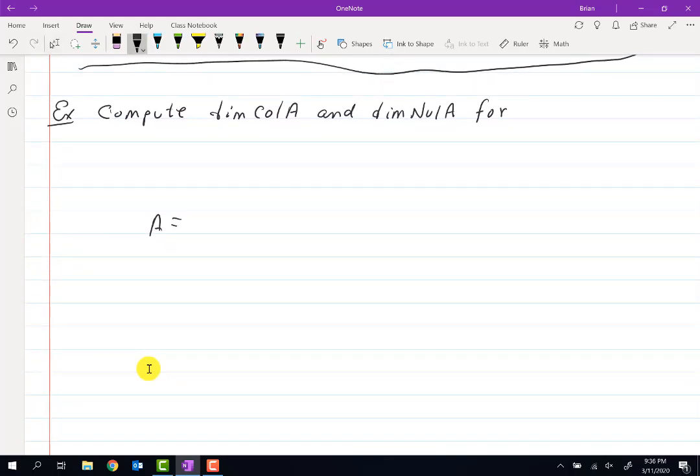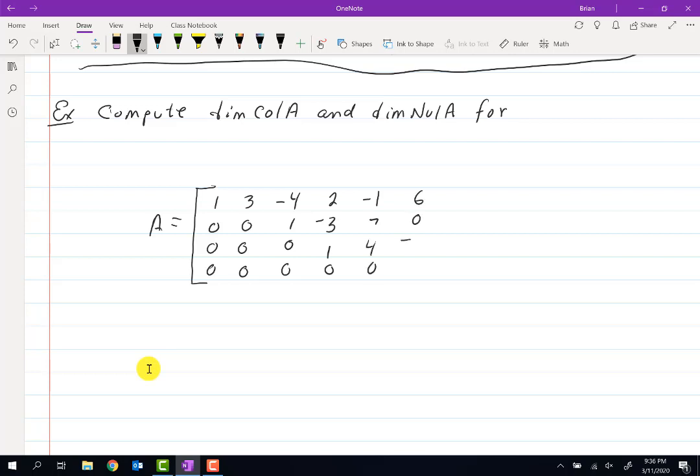So I have 1, 0, 0, 0, 3, 0, 0, 0, negative 4, 1, 0, 0, 2, negative 3, 1, 0, negative 1, 7, 4, 0, and 6, 0, negative 3, 0.